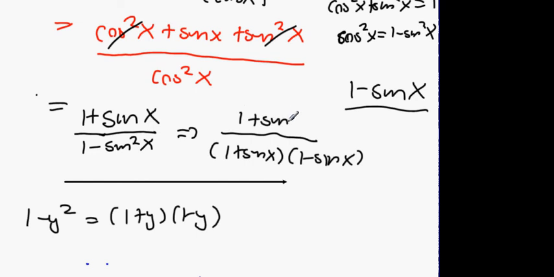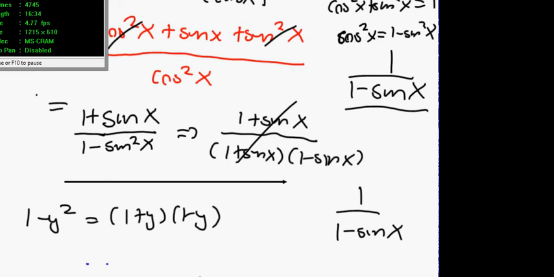Sorry, it's 1 over 1 minus sine x is the answer. So, okay, what cancels? And the answer is 1 over 1 minus sine x. How many marks did you not get for doing the last bit there? Oh, you don't know, depends on the mark.